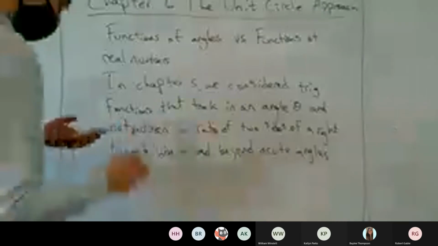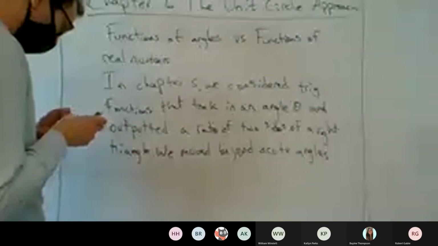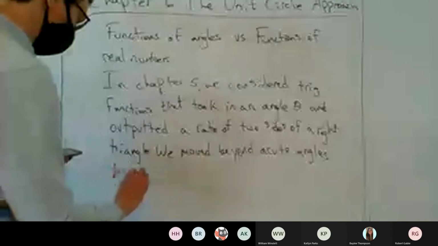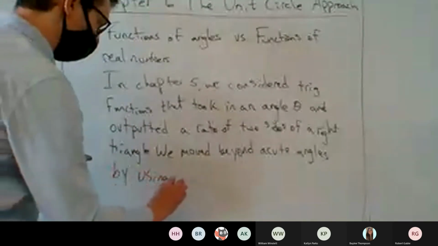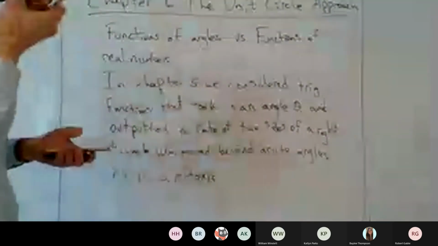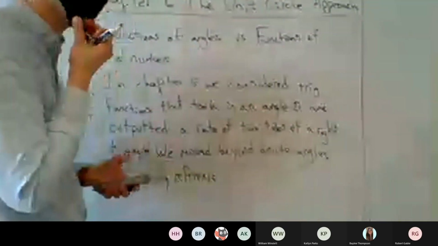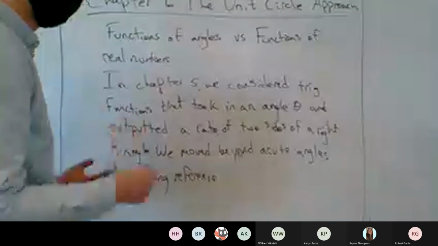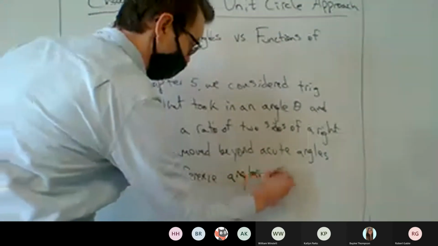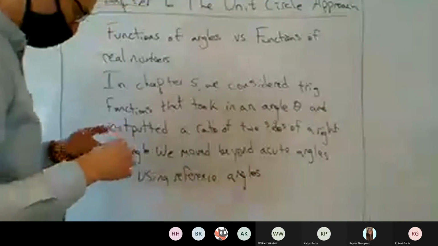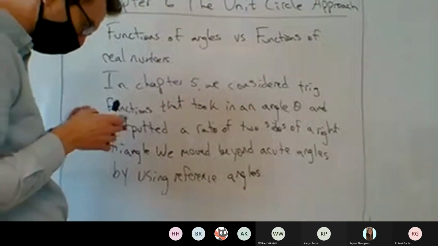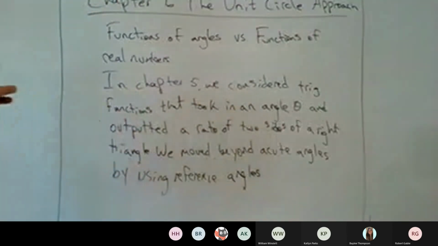But we were able to move beyond acute angles by using reference angles, which is exactly what I did in that problem where it said, what is cotangent of negative 300 degrees? Negative 300 degrees is not an acute angle, but we can still complete that problem by this idea of reference angles and reference triangles. Okay.